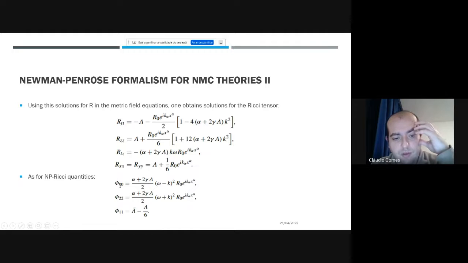Okay, you see, you have phi 2 like this, which is non-vanishing, which corresponds to a breathing mode. You have a phi 1, which is given in terms of the scalar curvature, and you have also phi 0, which has this expression here.